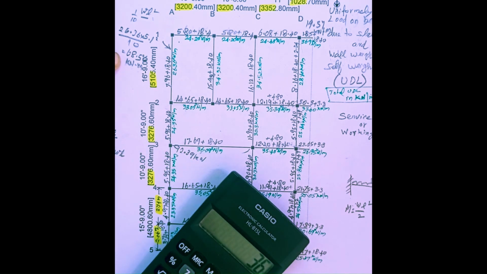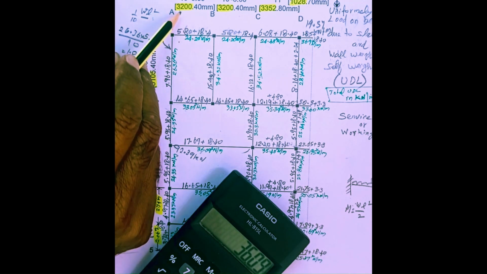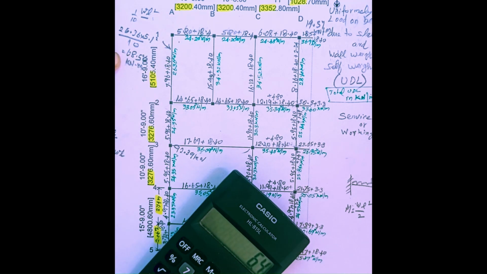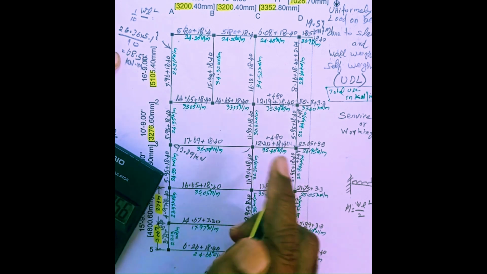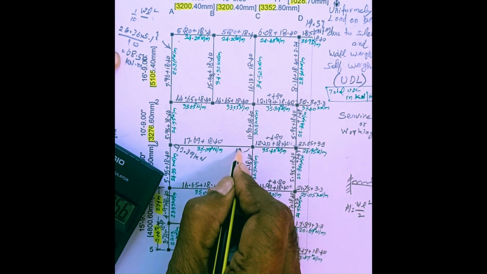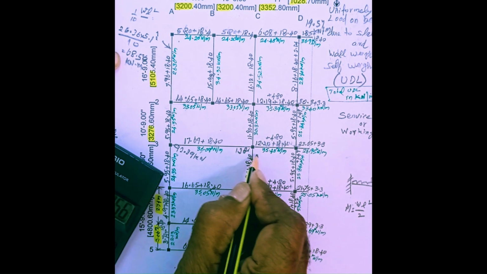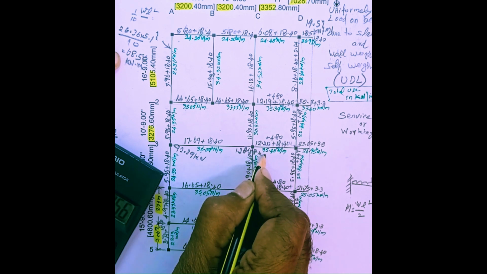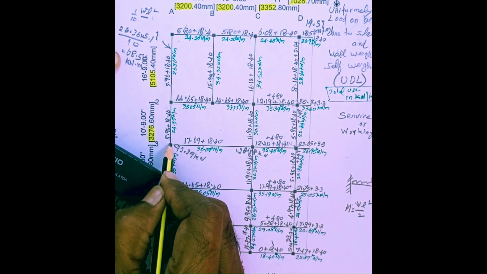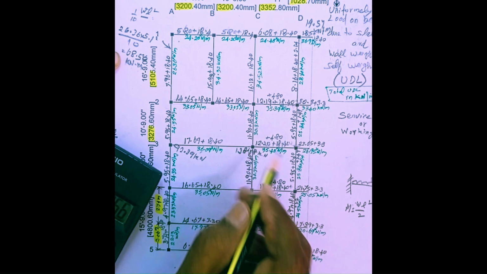That is 36.09 into length 6.4 into 0.6. This is 138.58 kilonewton. This is the load transferred to this column.